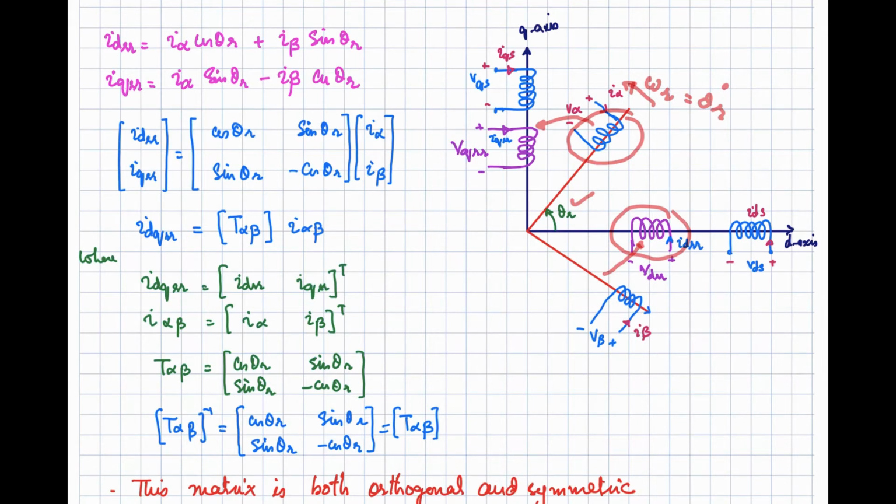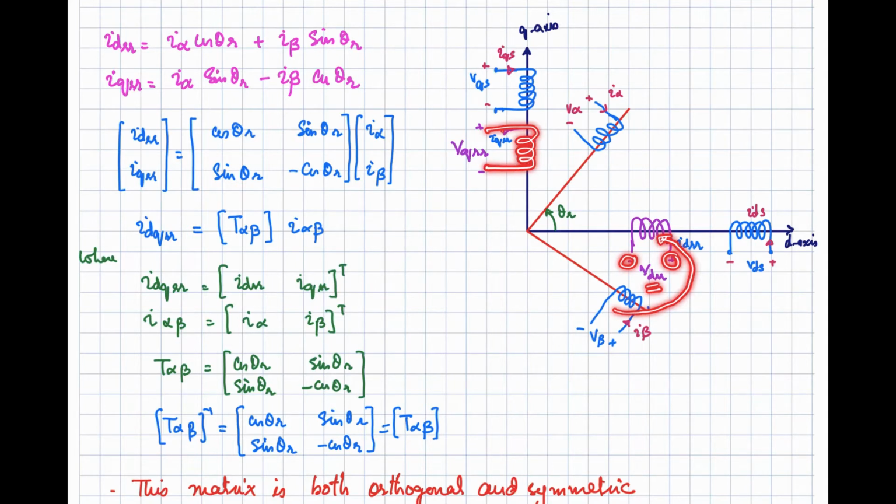Or you can say we have two fictitious windings representing the rotor, and those windings are placed at the D and Q axis. Let's suppose that the voltage across that fictitious winding is VDR, representing the rotor variation along the D axis. And we have another fictitious winding placed at the Q axis, representing the Q rotor effect over the Q axis, right?